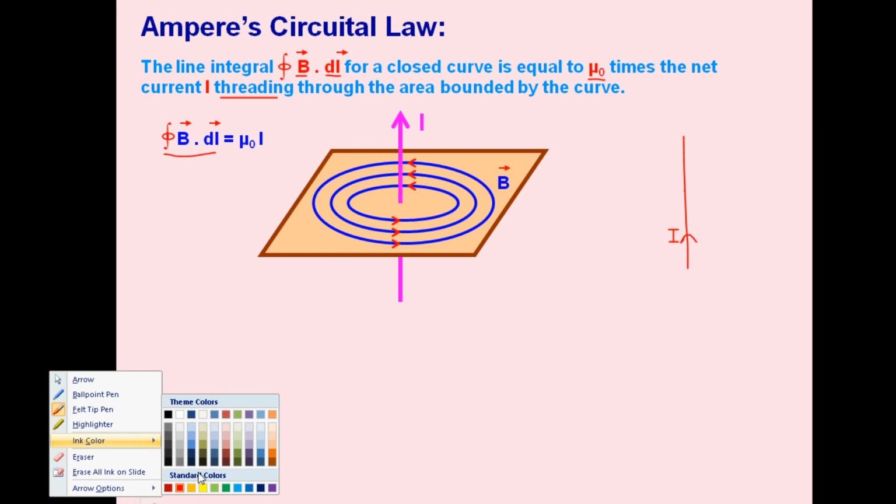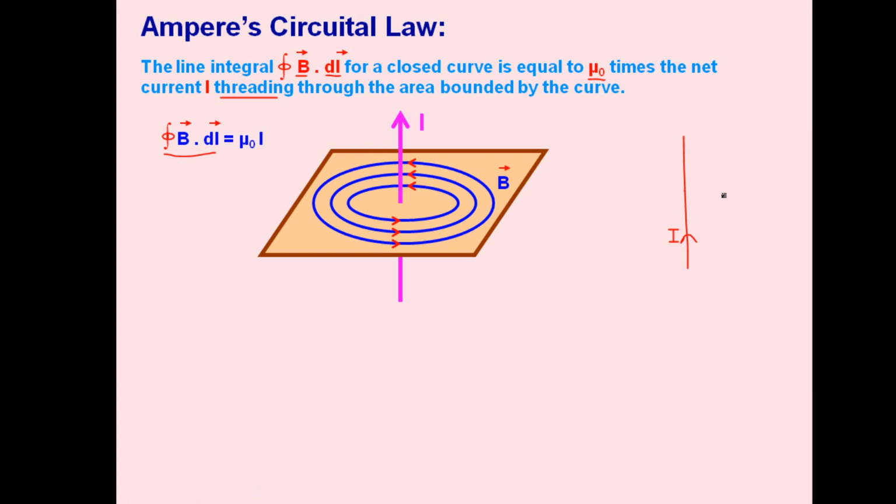Let's see another color. This is a closed path around this wire. Over this closed path, we can have a small portion which is called dl. This is called line vector in this way. Its direction is obtained in the same way as we have calculated the direction for magnetic field due to straight wire.